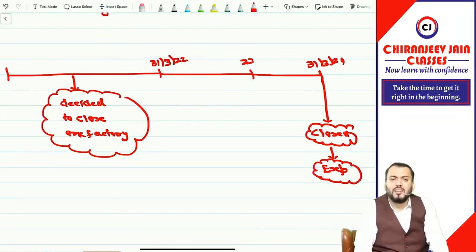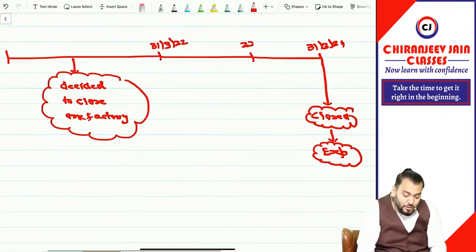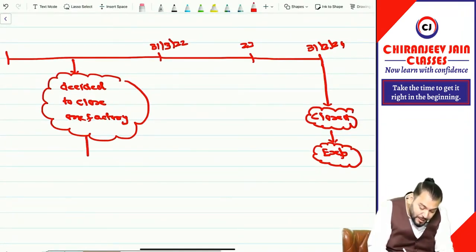For example, when the factory is closed, you need to pay some compensation to employees. So there is some expenditure directly related to such closure. Now the doubt is whether Ind AS 37 is applicable.